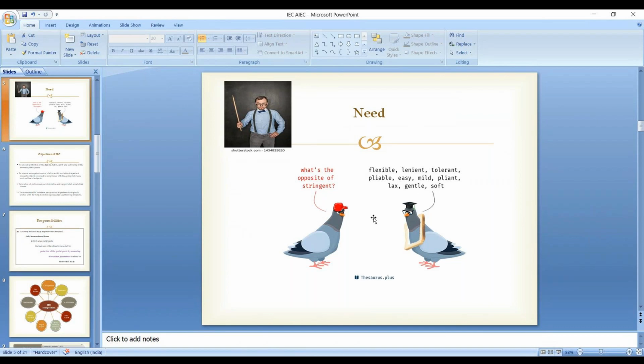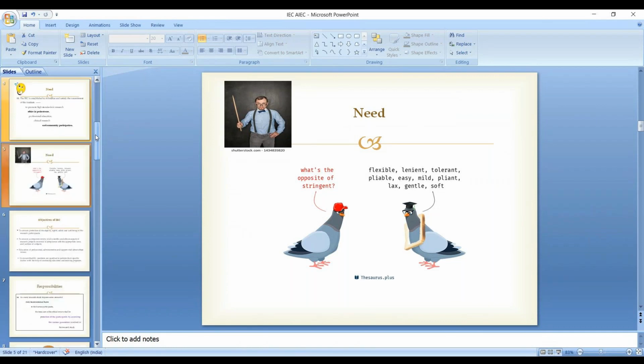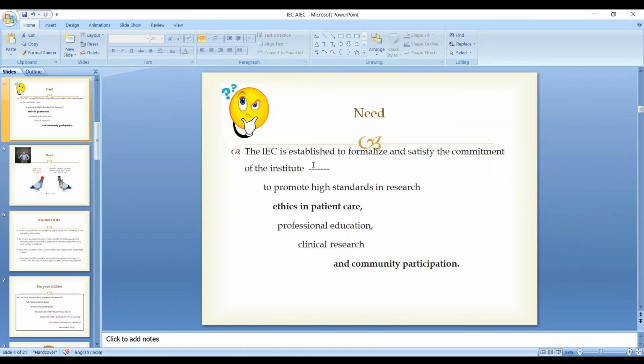What we had seen here. तो IC अगर flexible हो जाएगी, mild हो जाएगी, gentle हो जाएगी, तो it is not possible that it should achieve its own goals. Okay, the IC is established to formalize and satisfy the commitment of the institute towards the community.